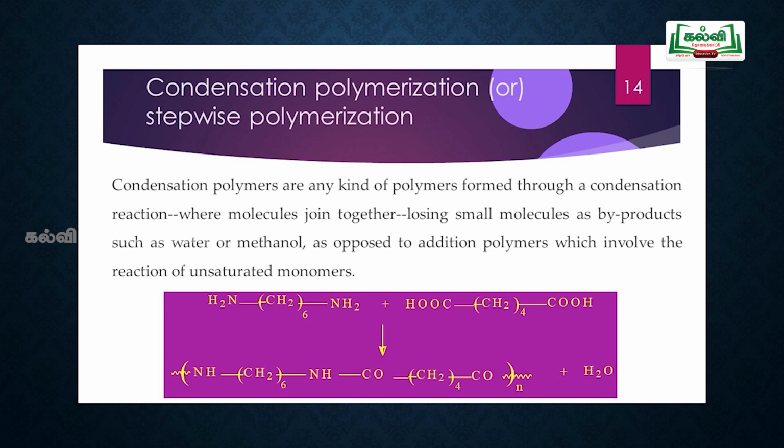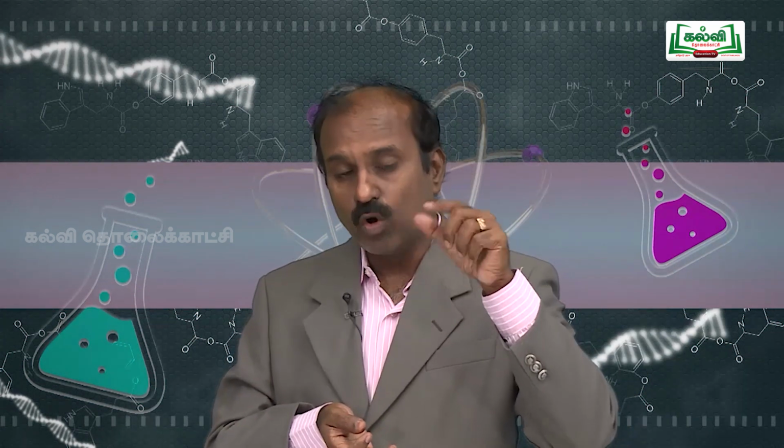So students, you remember we have classified the polymers based on source, based on structure, based on mode of polymerization, and one more is based on force of attraction. One kind of polymer cannot be used for all purposes. A large number of polymers are there.